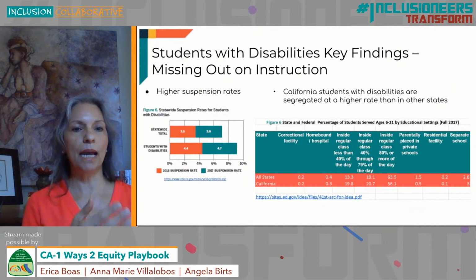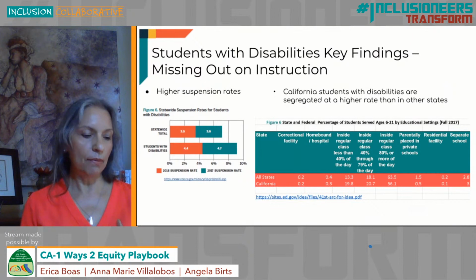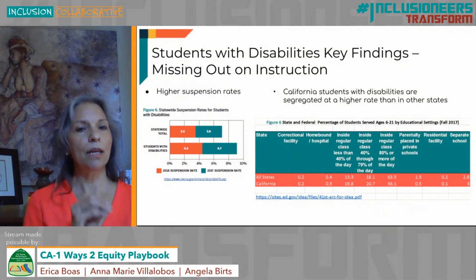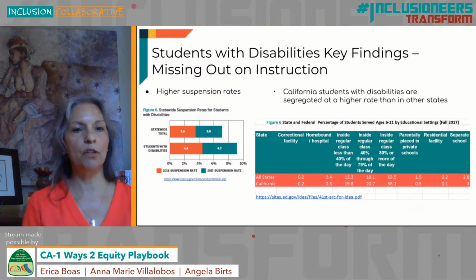So that's something that we as a state can really address and look at. What are the systems that we have in place? What does our instruction look like where this is something that is happening? And then this effect is further compounded with students with disabilities who are English language learners because they require specific instructional supports to acquire English language skills and then to address the general education curriculum. Next slide.